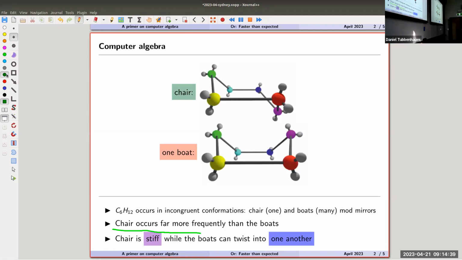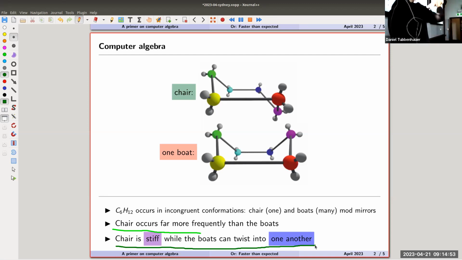But there are many boats. If you have it in your hand, you can twist the boat. So there are many solutions for the boat, while the chair essentially doesn't move. It is what it is. And that's what was conjectured: there's a continuum of solutions for the boat, and a fixed solution given by the chair.